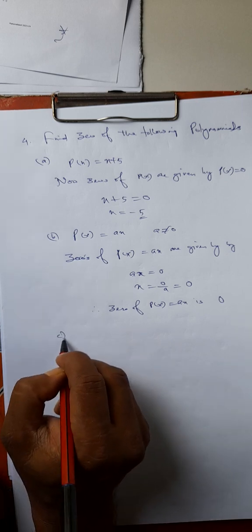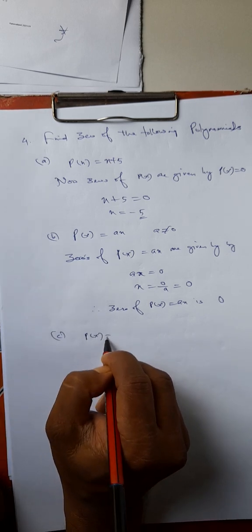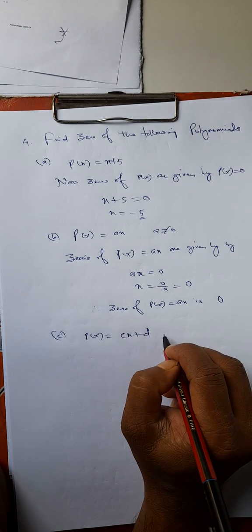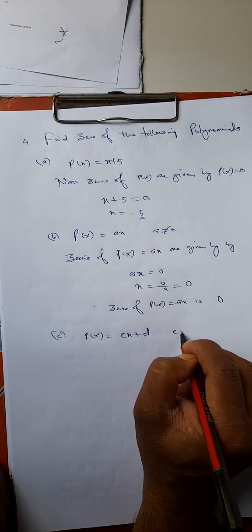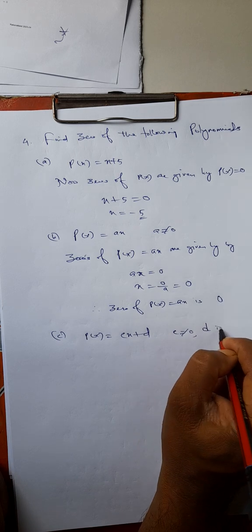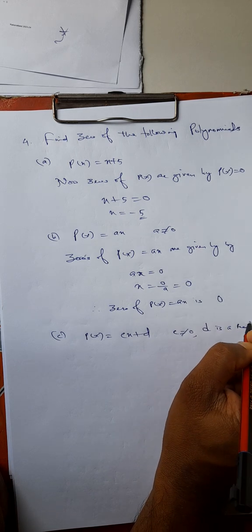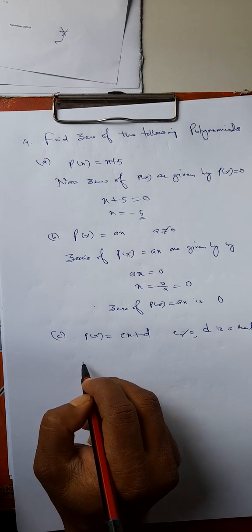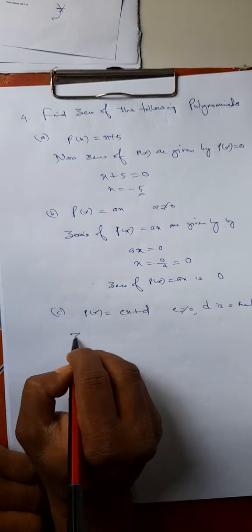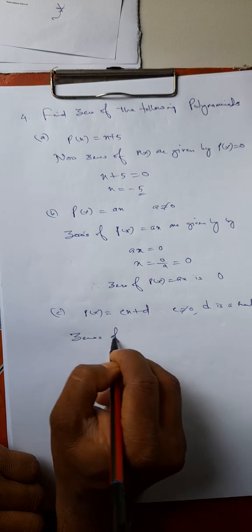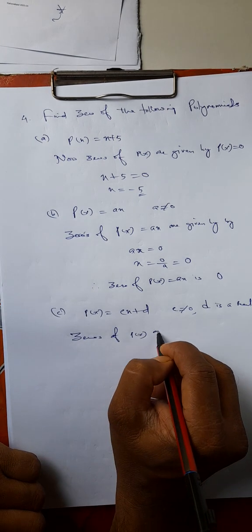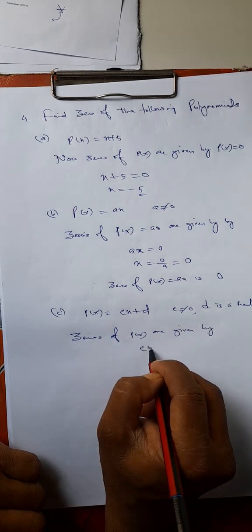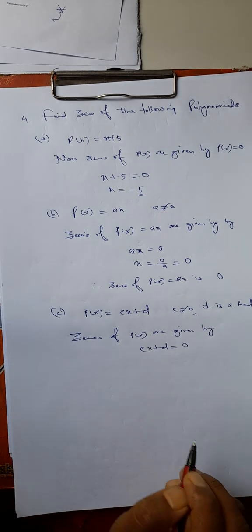Similarly, see P(x) equal to, say for example, cx plus d. c not equal to 0, d is a real number. Now zeros of P(x) are given by cx plus d equal to 0.